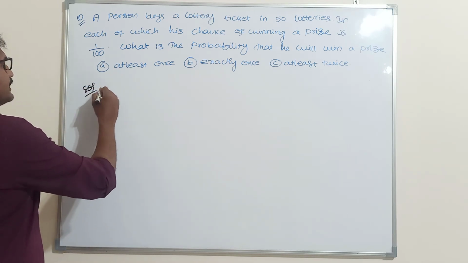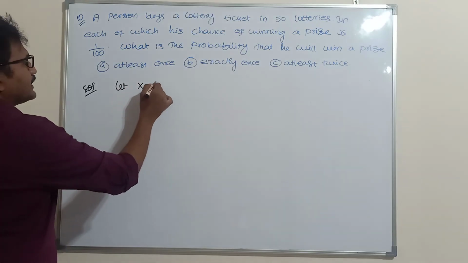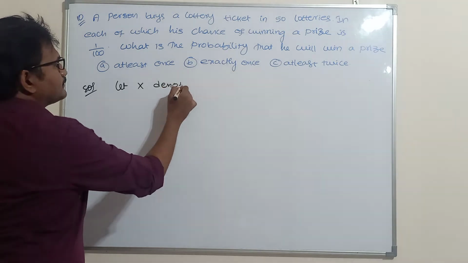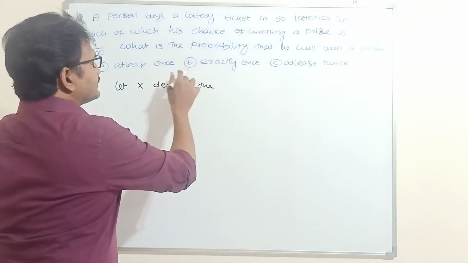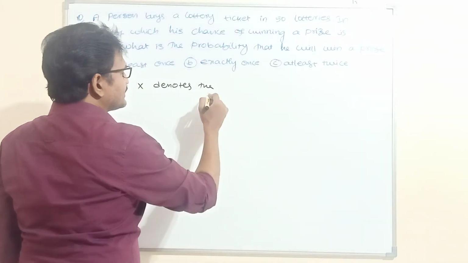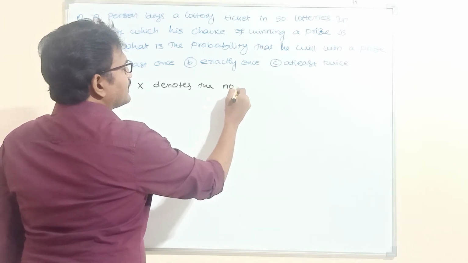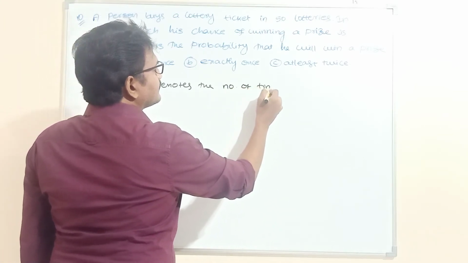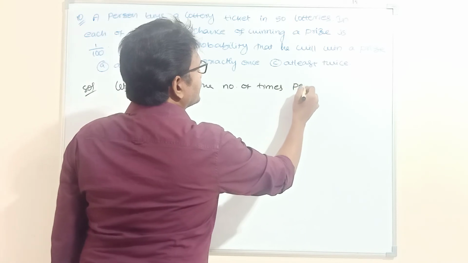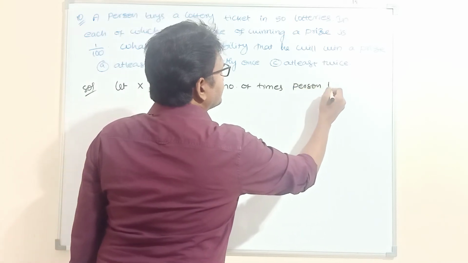First of all, we should take a random variable. Let X denote the number of times the person wins the prize.